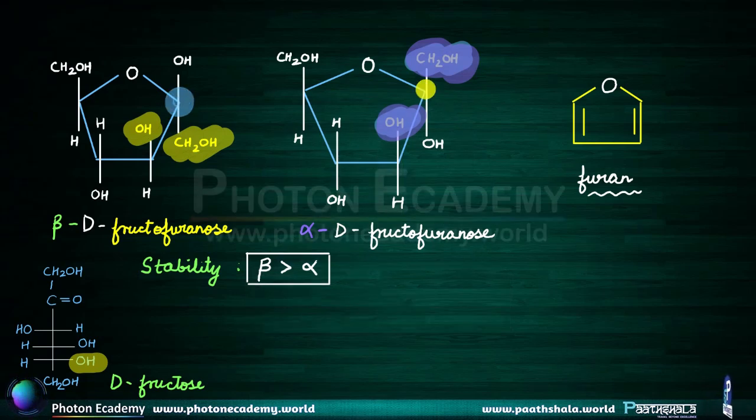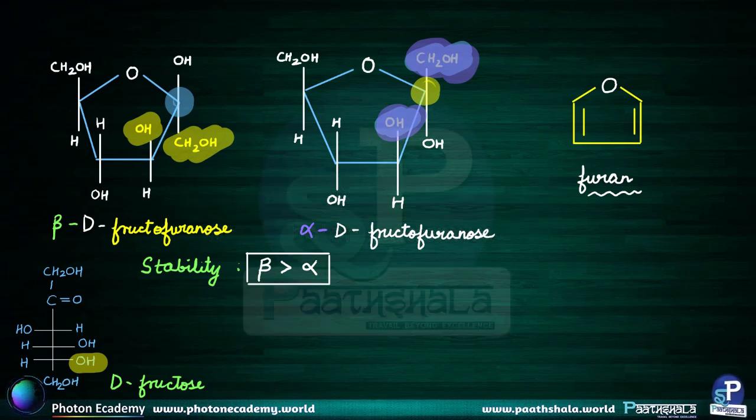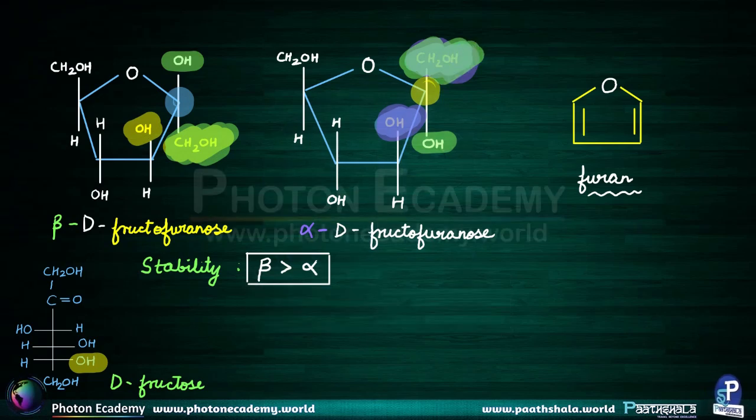If I look at carbon 1 of both the cyclic structures, we notice that the only point of difference between these two is that the placement of OH on this carbon 1 is at the top, and here it is at the bottom. Similarly, the CH2OH group lies at the bottom here and it lies at the top there. The rest of the structure is completely similar and they resemble each other in the rest of the carbons.